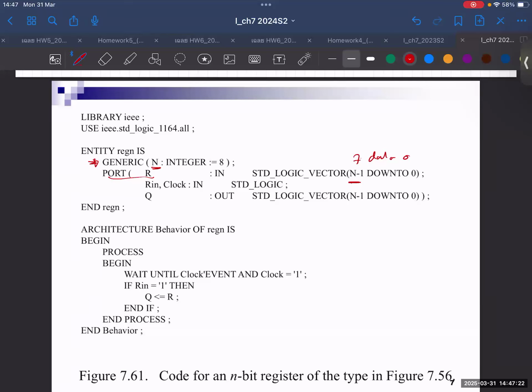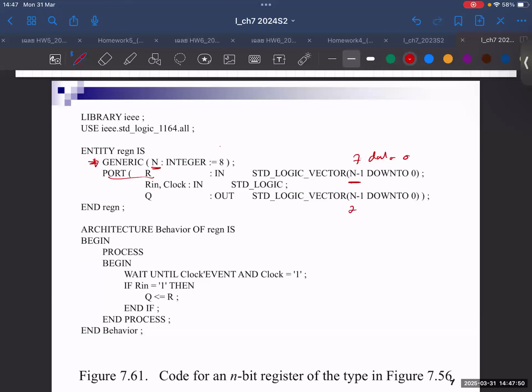But this is good because next time when you want to expand it, let's say for 16-bit, you don't have to go and correct all the code. You just come here and change this to 16. Understand, right? So it's a very simple way to make the code scalable by thinking about this. So if n is 8, then everywhere that you see n here will be replaced by 8.